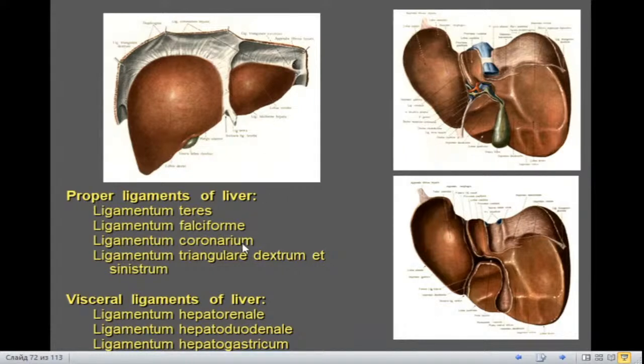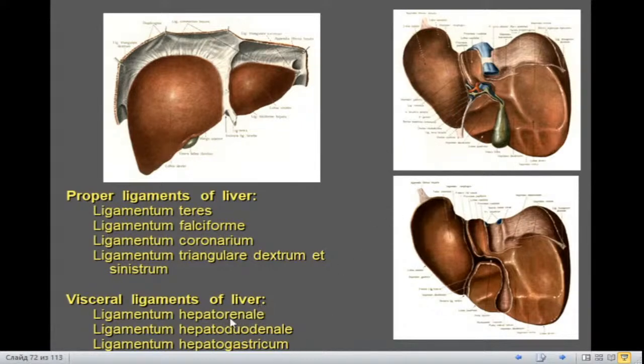The proper ligaments of the liver are the ligamentum teres, the falciform, which divides the liver into two lobes, then the coronary, crown-like, which is above, then the triangular dexter and sinistra ligaments of the liver. Visceral ligaments are the peritoneal folds that pass from the liver to the neighboring organs. Exactly these form the visceral ligaments.